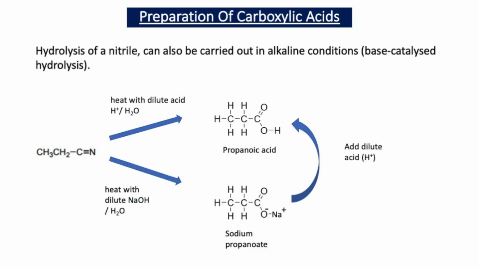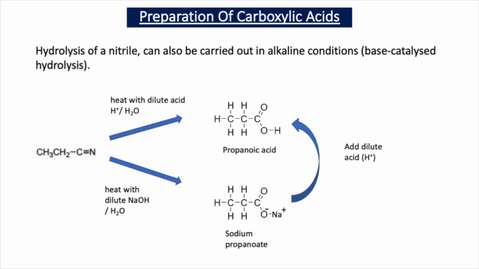Now, an alternative to acid catalyzed hydrolysis is to carry out the hydrolysis reaction in alkaline conditions, and this is called base catalyzed hydrolysis. And on this slide we have propane nitrile, and if we carry out an acid catalyzed hydrolysis, we end up with propanoic acid, and we carry this out by heating or refluxing the nitrile with dilute acid, so for example dilute sulfuric acid.